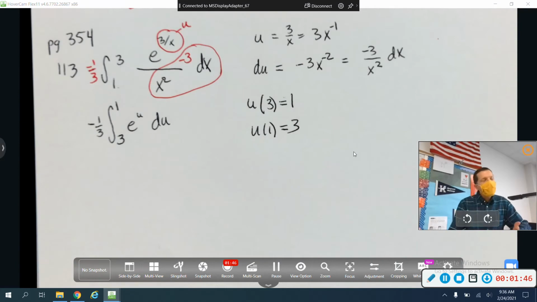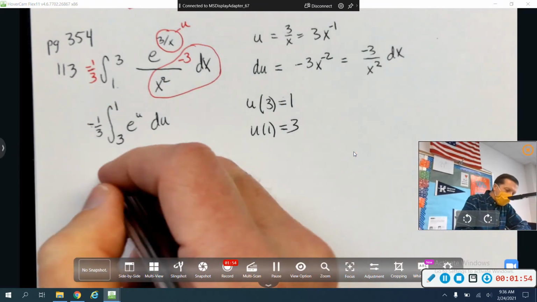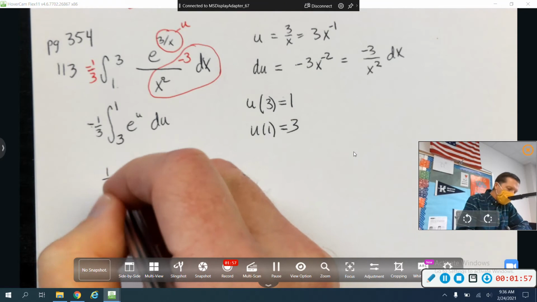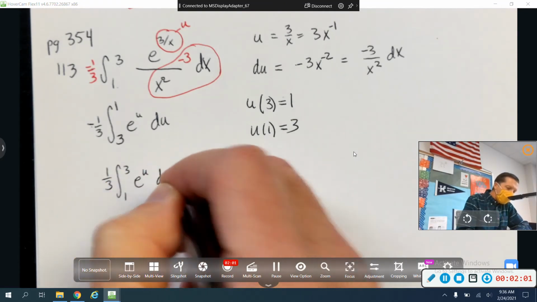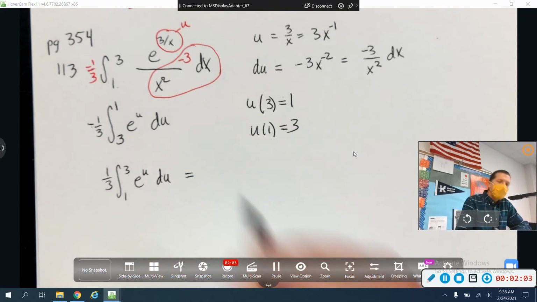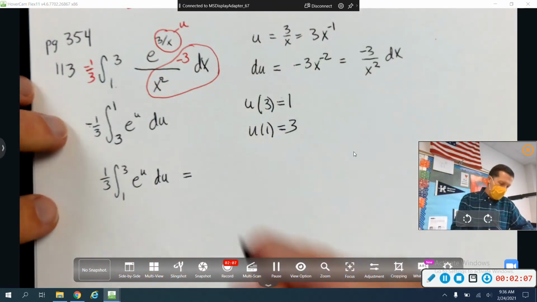And then I don't have to, but it sure seems convenient to flip the limits and use that negative sign to accomplish the flip. So 1/3 integral from 1 to 3 of e to the u du. And I don't have to go back to x stuff because everything is in terms of u.